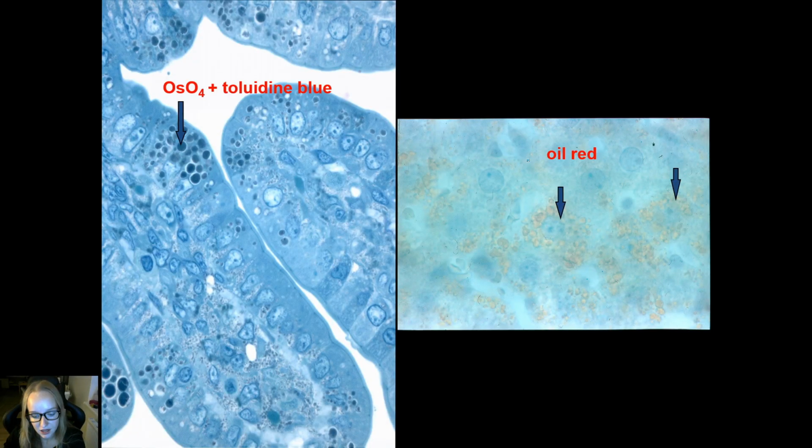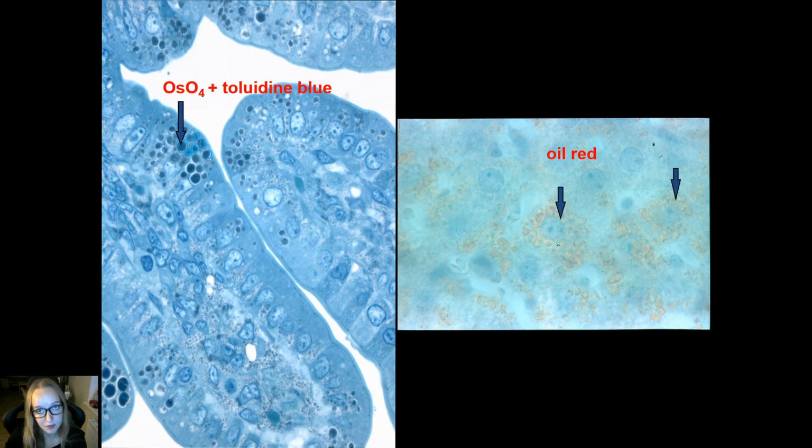But there are many different ways to stain a slide. So sometimes we can see lipid droplets, like here. These are these dark blue things over here, the lipid droplets stained with toluidine blue or oil red, but that's not that important.